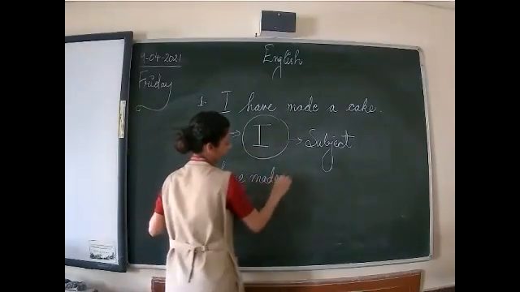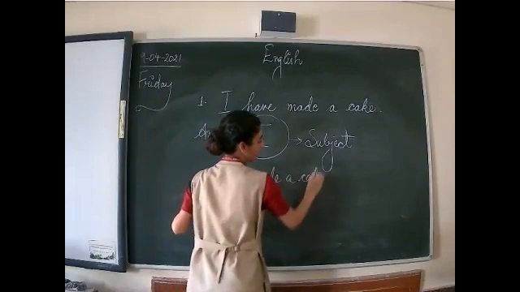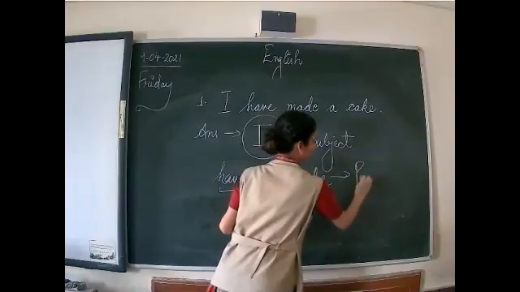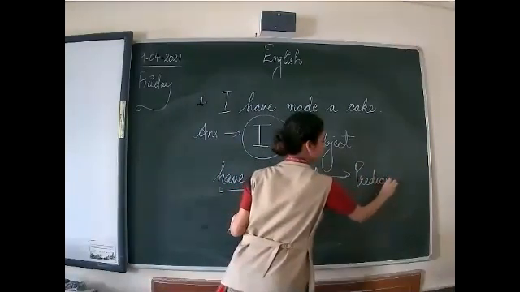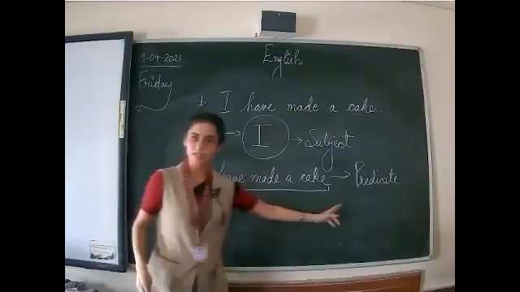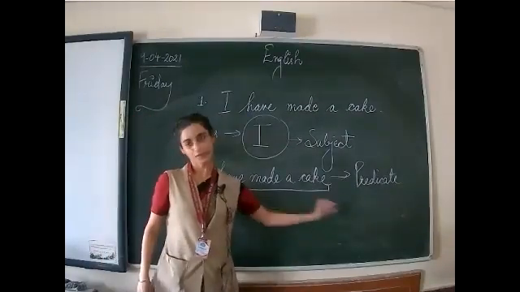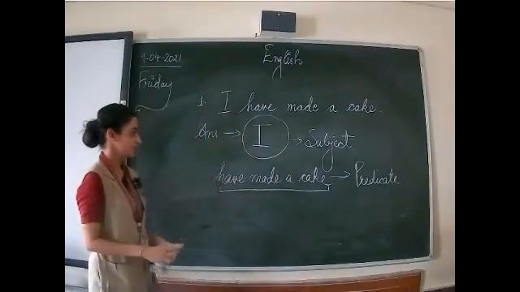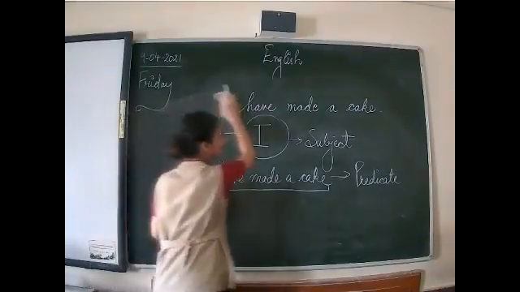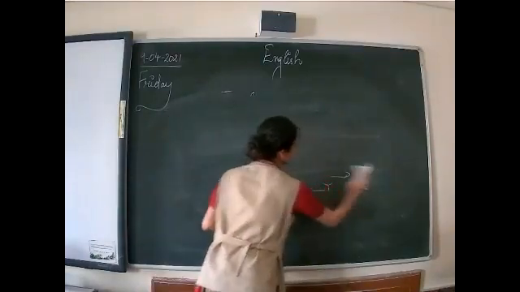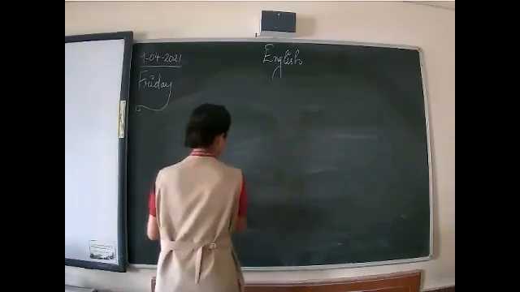Have made a cake is your predicate. Have you got it? Good. So that means you have understood the concept.